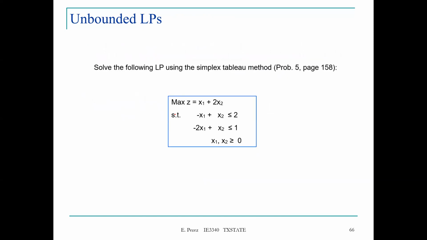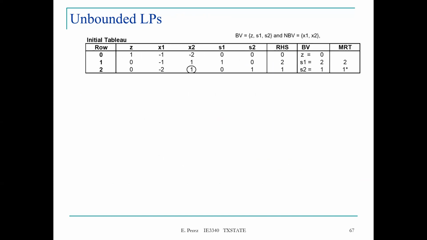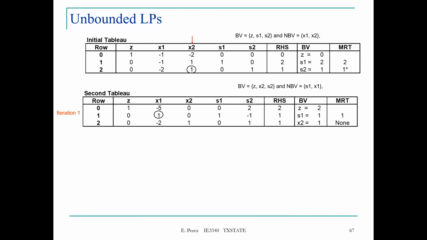So if we look at this example, X2 is going to enter. We perform the minimum ratio test, so that means that S2 is leaving. After performing the first iteration, we found that we still have a negative coefficient here, so X1 is going to enter.